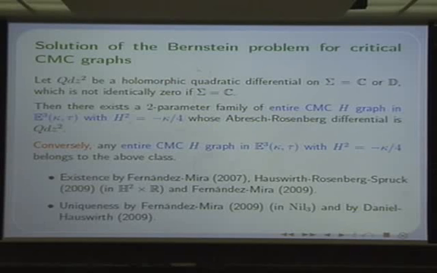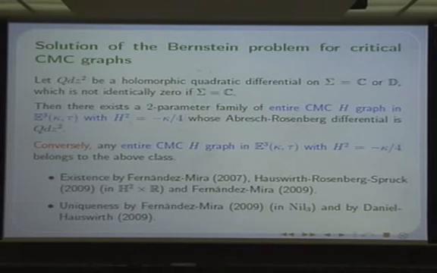Existence first, I did with Isabel Fernandez: a general result proving that there exists a certain family of candidates in null spaces that were local graphs and complete, but we didn't know that they were entire. So in terms of quadratic differentials, that was the first step. Afterwards, the problem was to prove that they were entire, to see that they are solutions to the Bernstein problem.